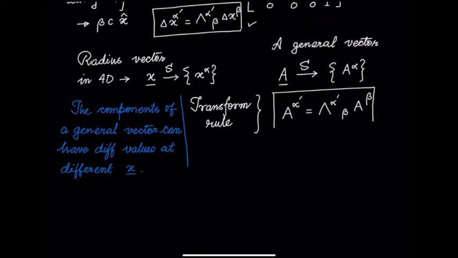So what does it mean? It means that these components themselves can be functions of the vector x. Let me call this beta. Okay, so keep this in mind.